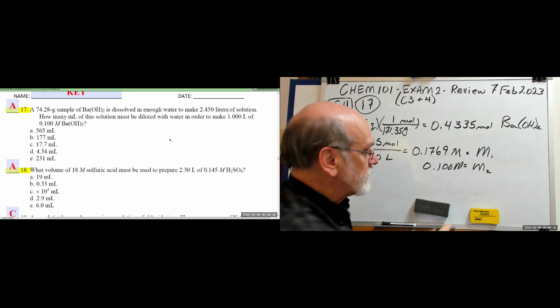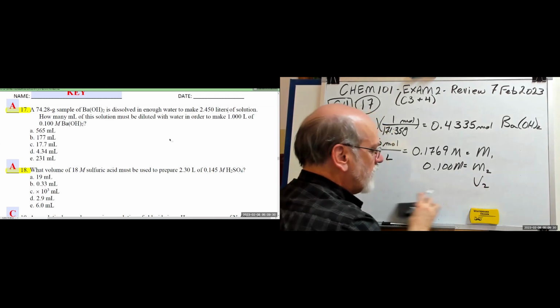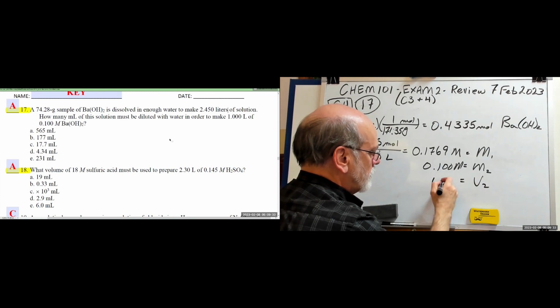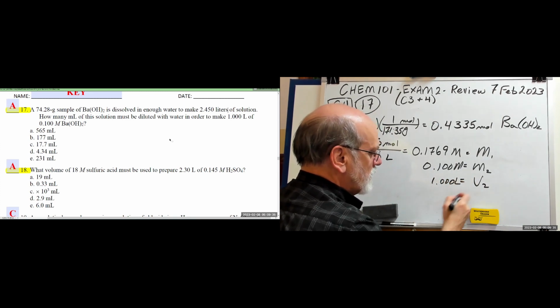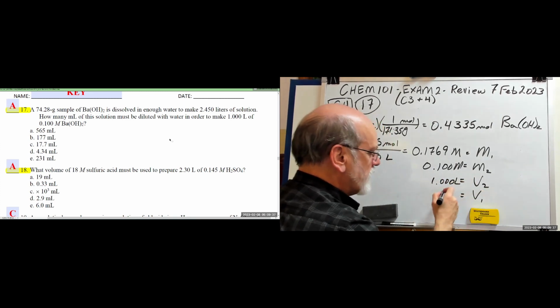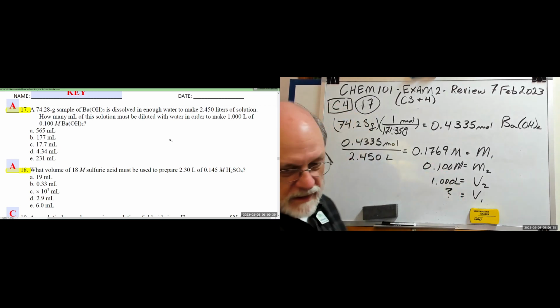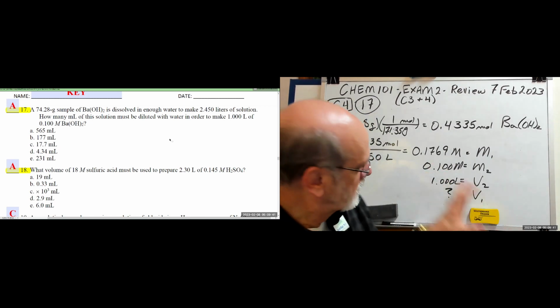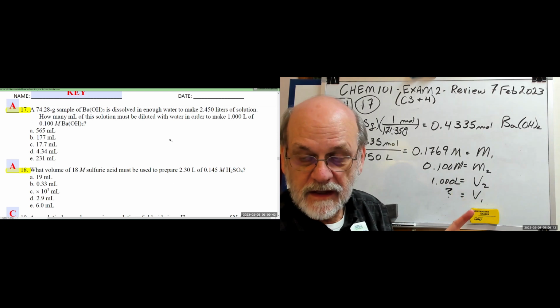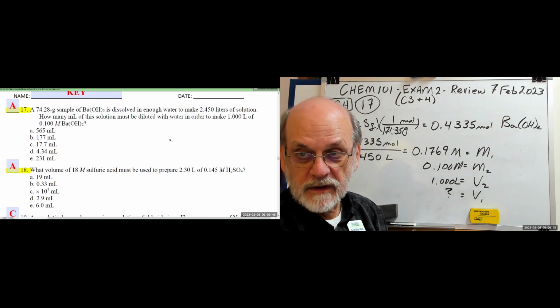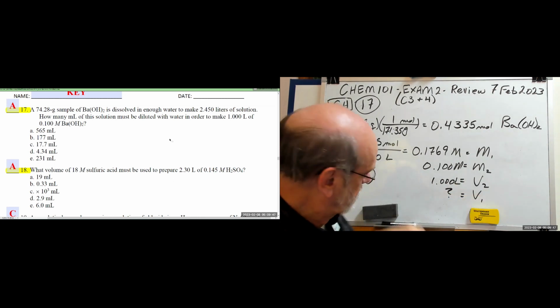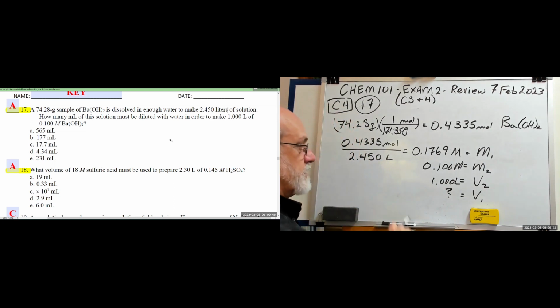Volume 2 is 1 liter. That's the final volume. And volume 1 is our unknown. It's important that you set these things up correctly so that when you use the formula, the numbers go in the right place. Otherwise, you'll get the wrong answer.